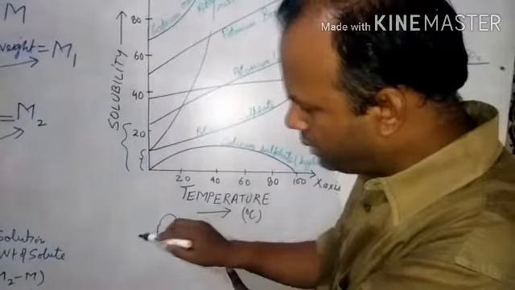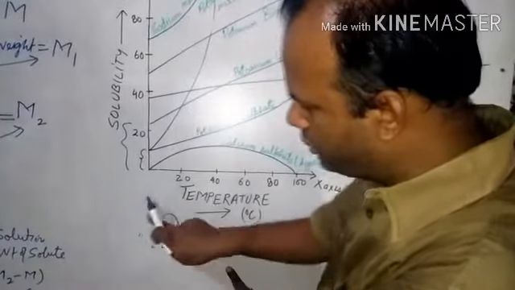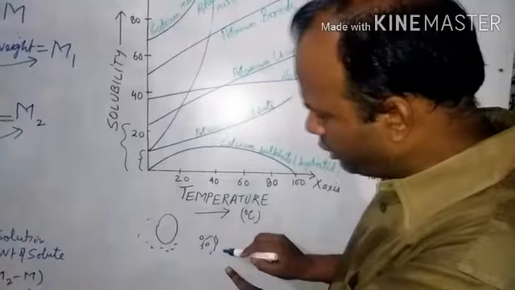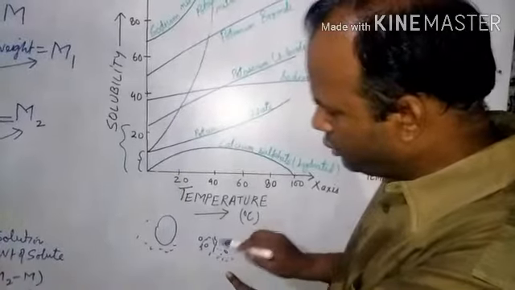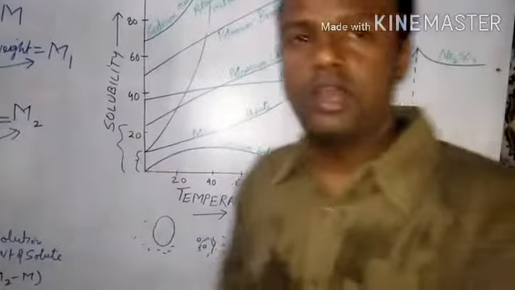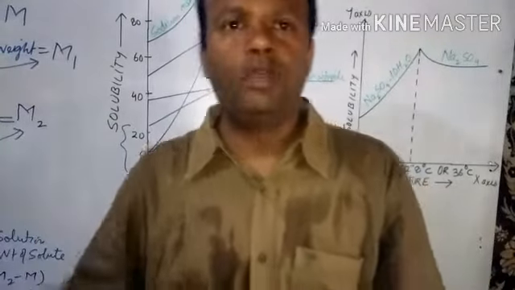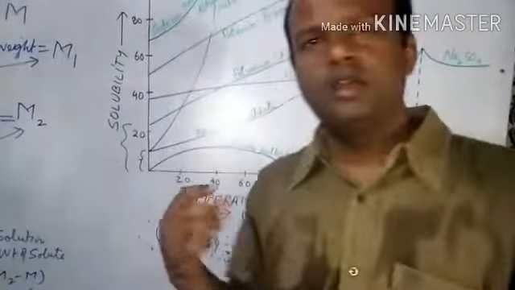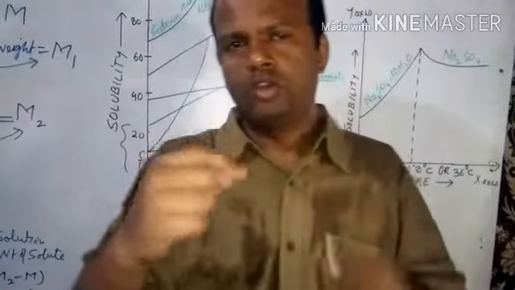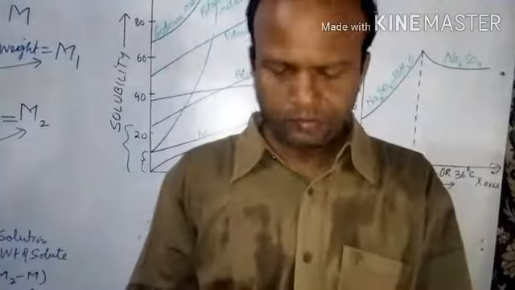Being bigger in size, they will not get a chance to be exposed to all of it, whereas smaller particles have more surface area to expose to the solvent. So the smaller the size of the solute particles, the greater the solubility.